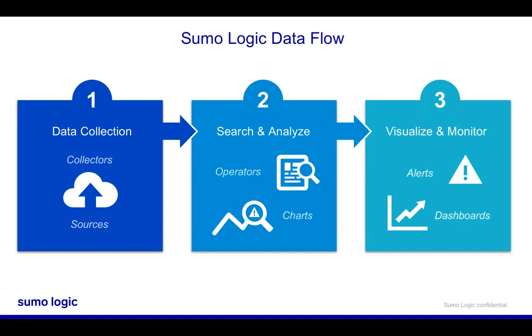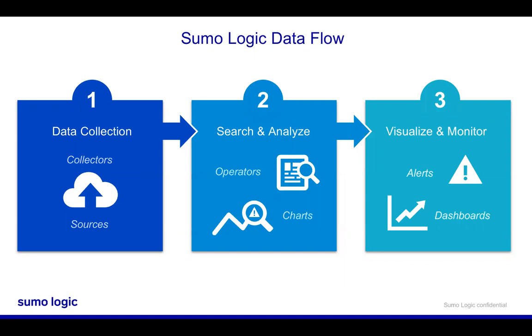These can be web servers, these can be Kubernetes clusters, this can be your developed application, and so on. This machine data is then sent into Sumo Logic, where the next step is really to search and analyze the data. So you utilize what we call different operators, and the different operators are the different commands utilized within the query search bar.